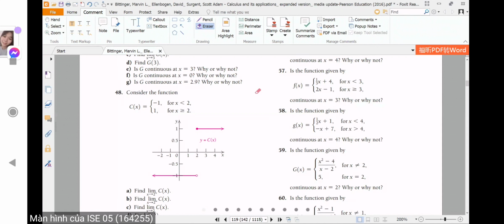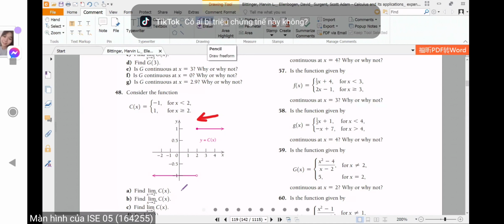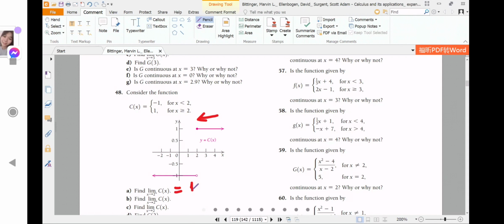Number 1 from the right side equals number 1. And the second, left limit equals minus 1. And two-sided limit does not exist. Okay.